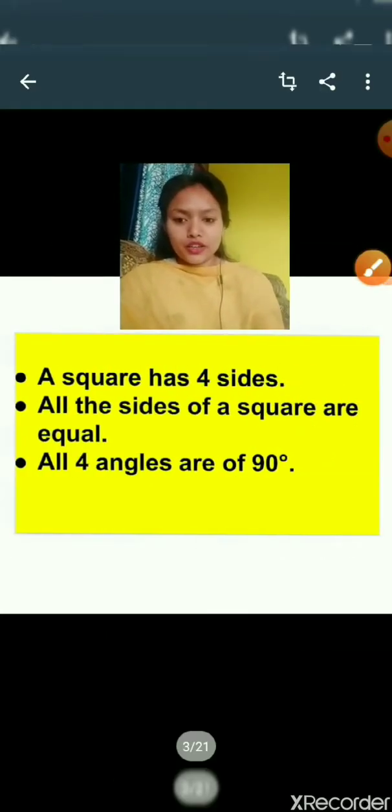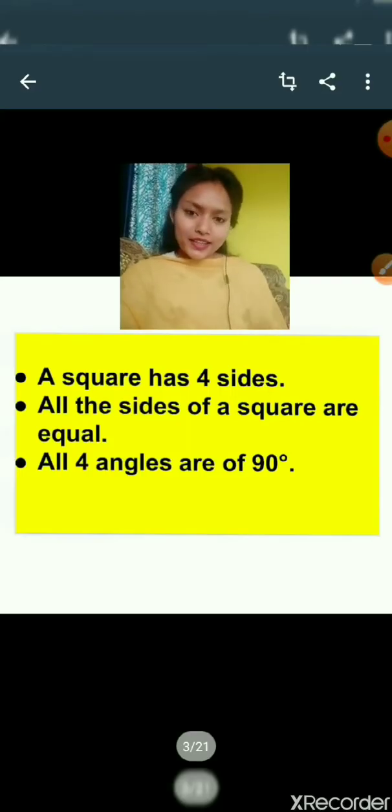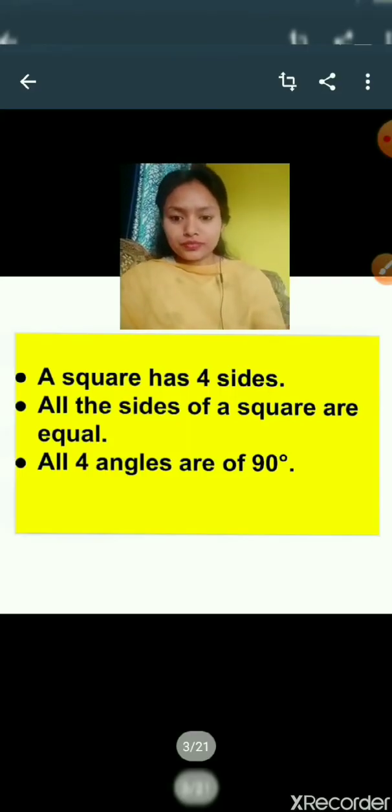Now here you can see a square has four sides. All the sides of a square are equal, and all four angles are of 90 degrees.